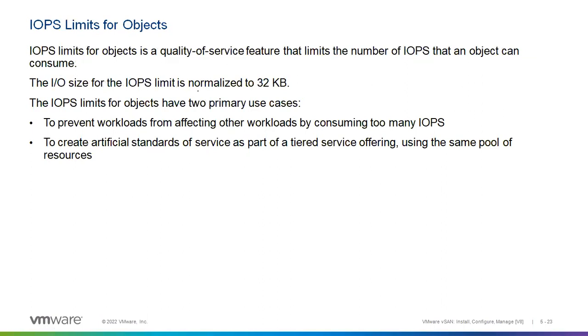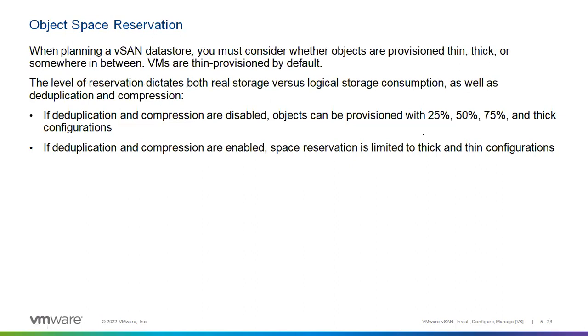IO size for IOPS limit is normalized to 32 KB, because this will affect per object. Try to understand. It's not per entire object. IOPS use cases: if you want to give certain priority to the applications running under that policy for higher IOPS, then you can apply it.